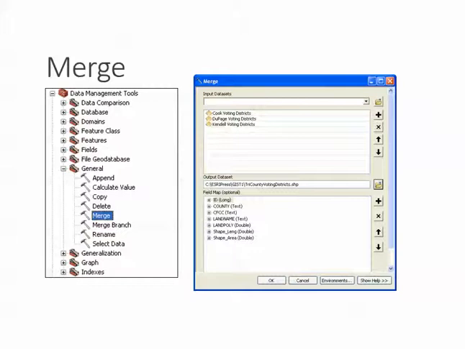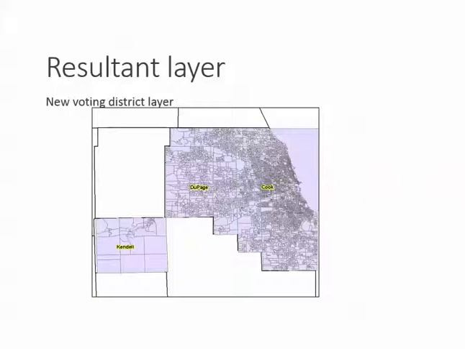So using the merge tool, you just add the 3 voting districts, and the resultant layer is a new voting districts layer. So these are polygons that represent voting districts for multiple counties, but once we ran the merge tool, it is now one entire voting district layer.